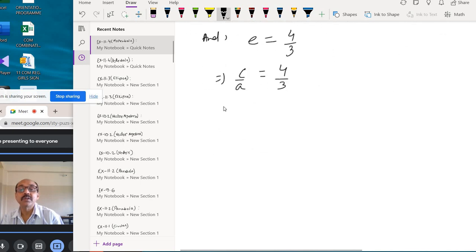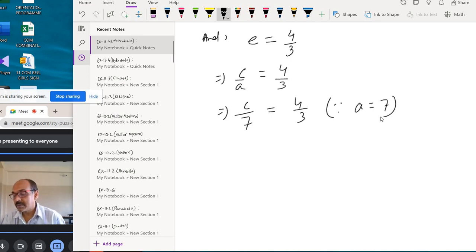Put a equal to 7, so c by 7 equal to 4 by 3, therefore c equal to 4 into 7 by 3, that is 28 by 3.